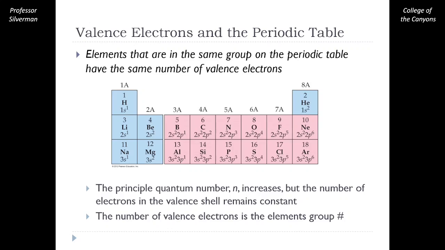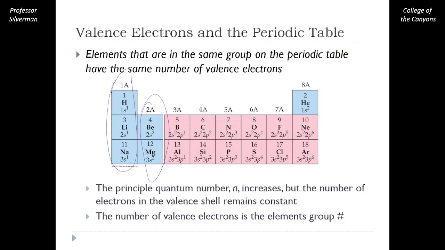Once we start to write out these electron configurations for all of our elements, we can start to notice a pattern. Everything in group 1 has just a single valence electron. Everything in group 2 has 2 valence electrons.